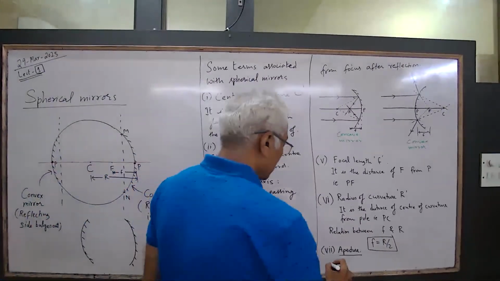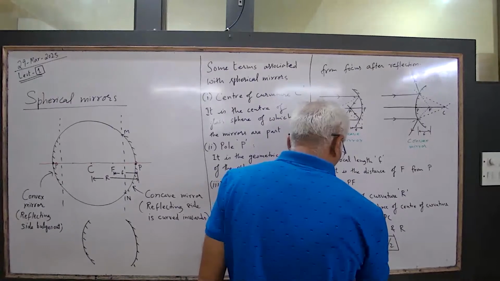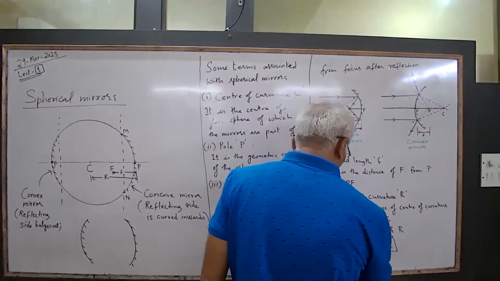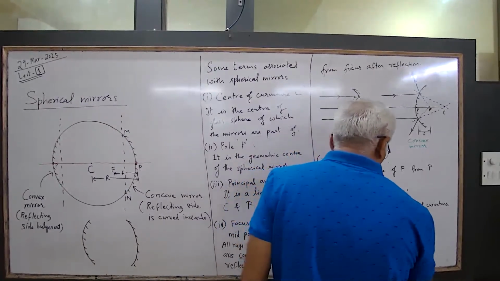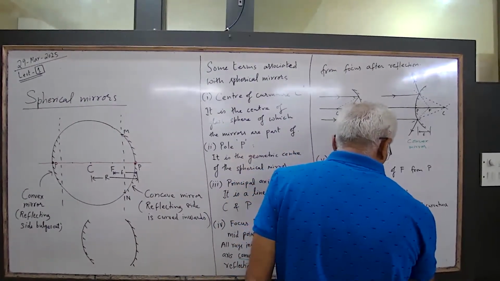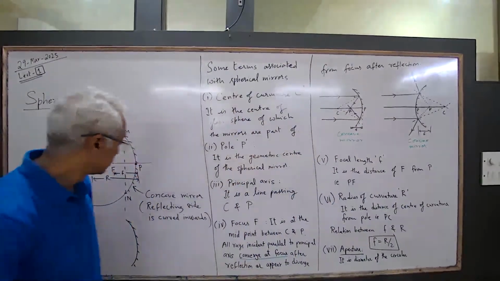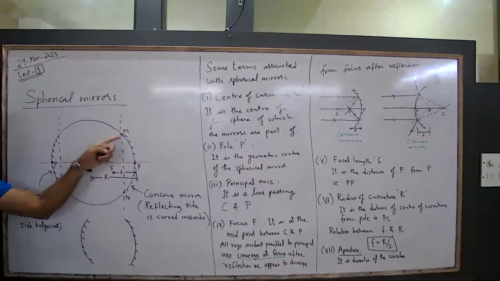It is the diameter of the circular edge of the mirror. Sir, does it mean it will be double the distance between C and P? No. It's not at F. It's here.